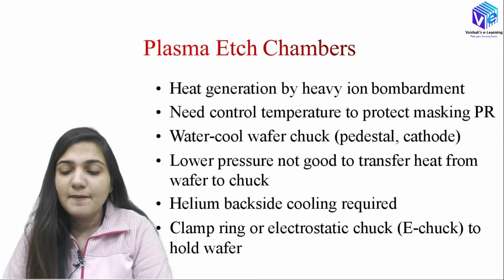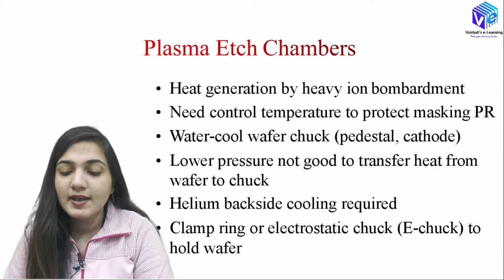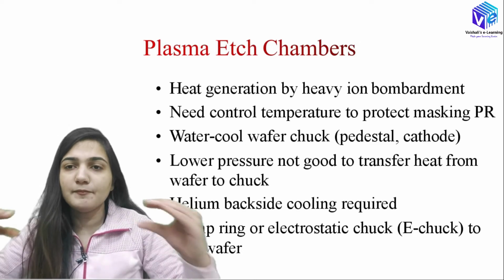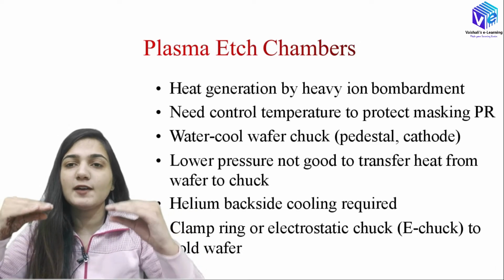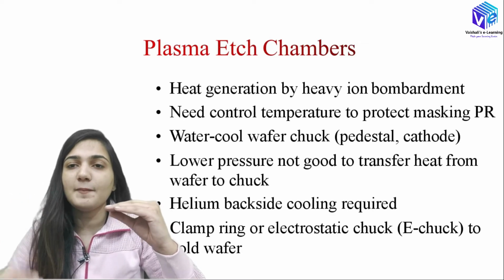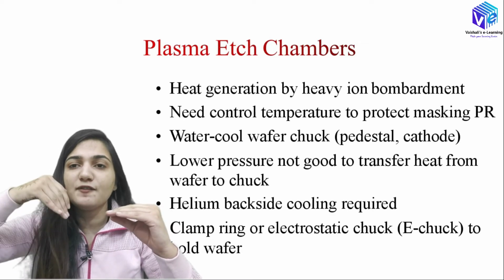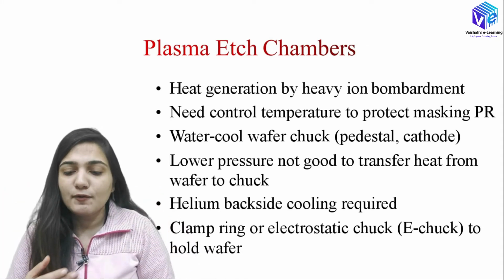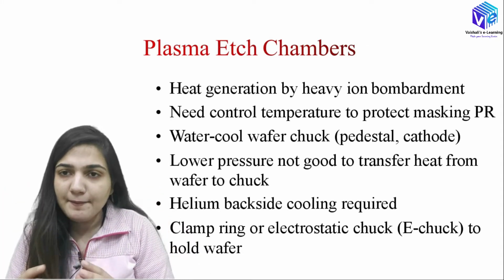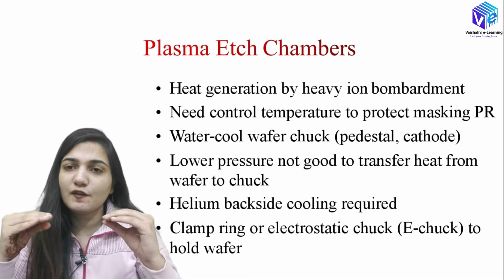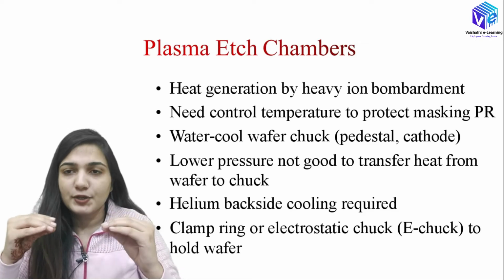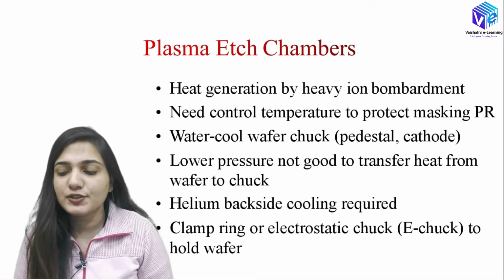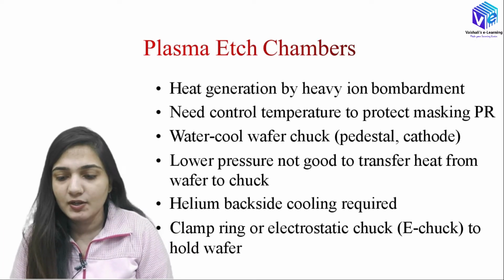So helium backside cooling is required, and we need to clamp the ring. Some physical support is required to clamp the ring, because at the backside we have high pressure, at the upside we have low pressure. The ring can fluctuate, so I require some clamp for the protection of the wafer in the particular direction, or I can use the electrostatic chuck to hold the wafer.